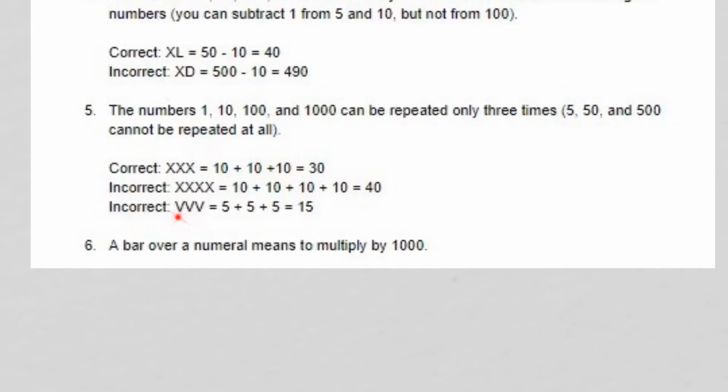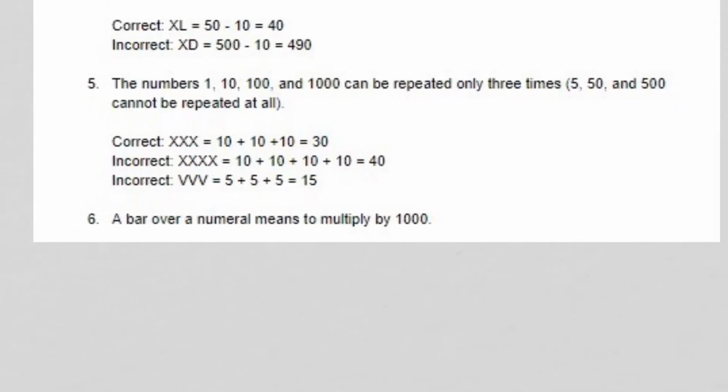And although this is within the 3 times, we're not allowed to add V's together. So we're not allowed to repeat those V's. And the last rule comes up very rarely, but if we see a bar over a numeral, you're just going to multiply that numeral times 1,000.